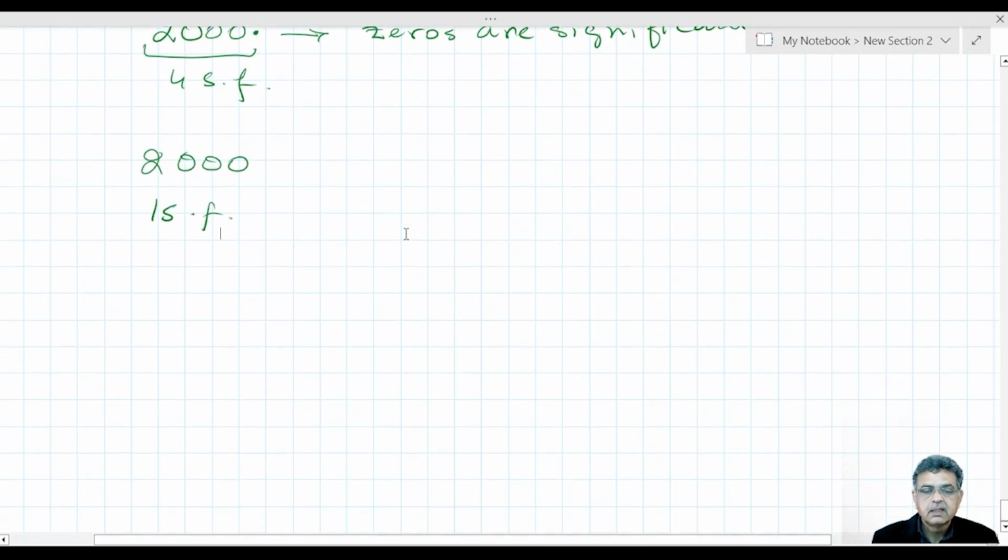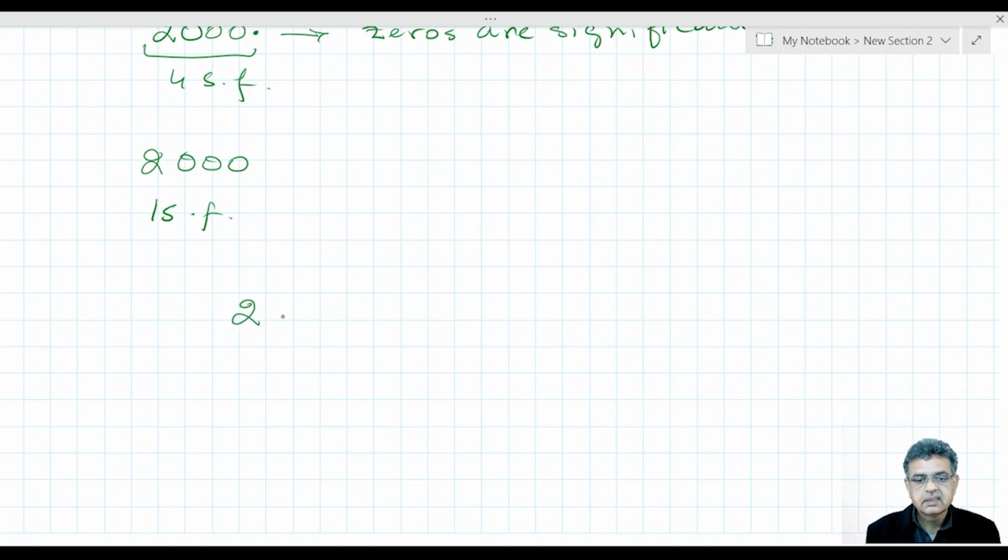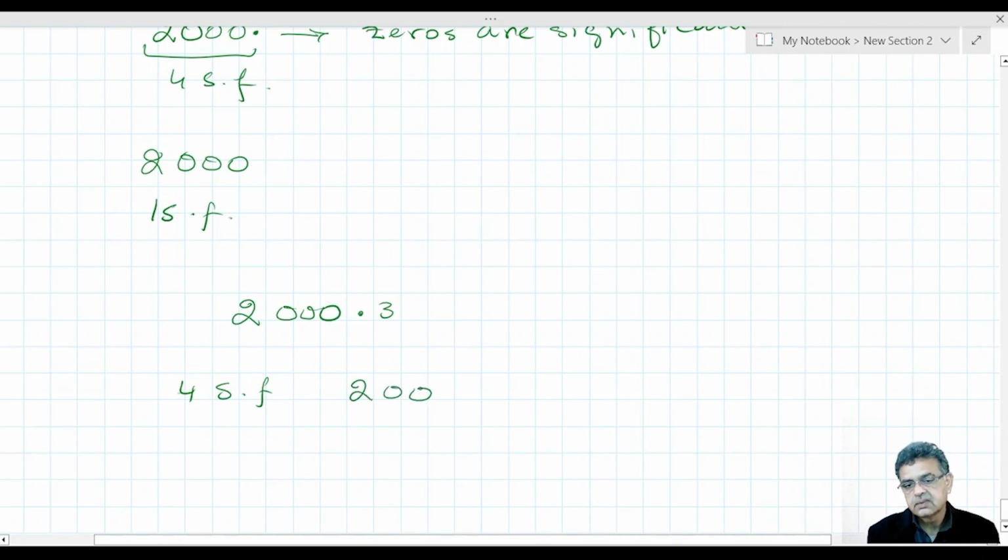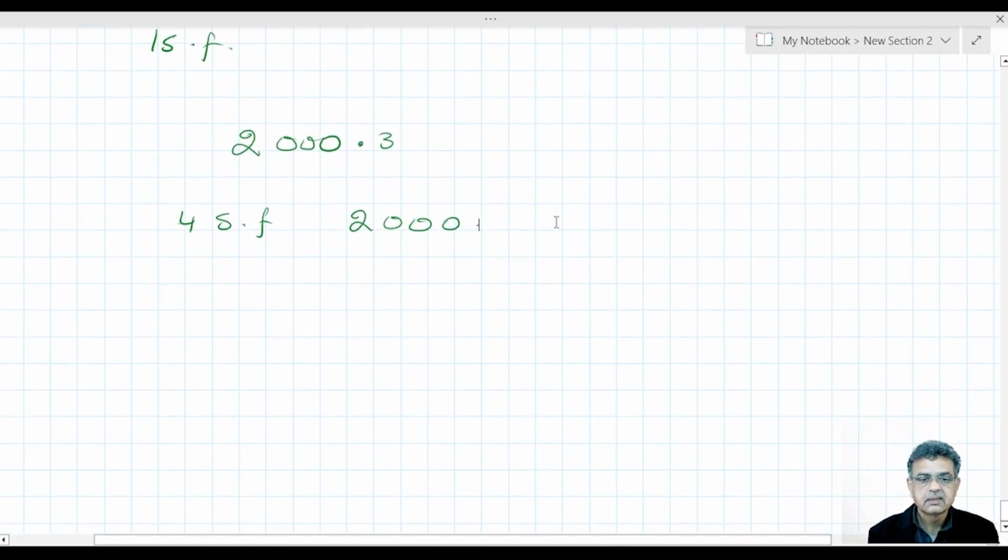Okay. Now one thing that is slightly confusing, and it should be clear: if this is the number 0.3 and you are asked to write the number correct to 4 significant figures, what you can do? 2000 and decimal at the end.